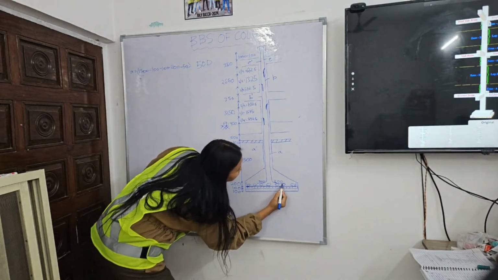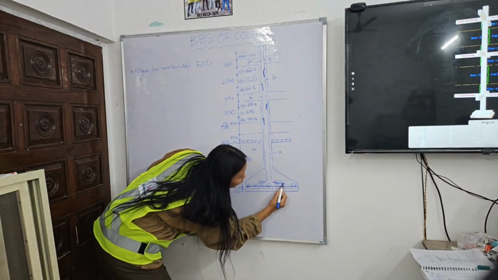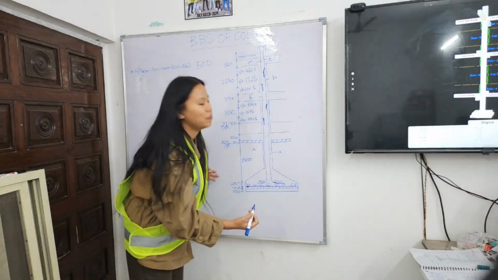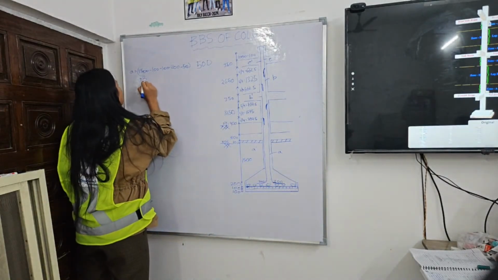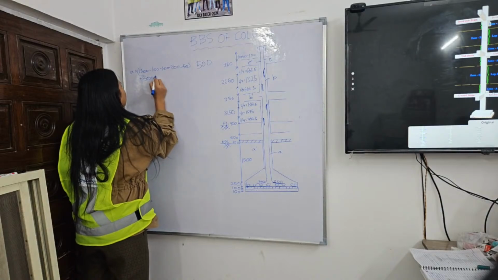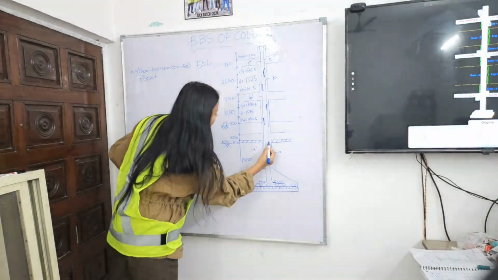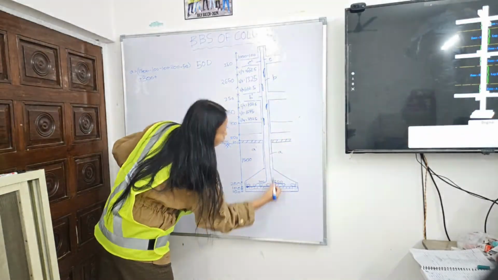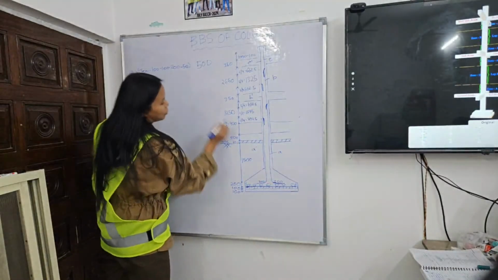From here, I am going to calculate A. So A, we have 300, that is standard value. Plus, from here till here, it is 1,500, no? So we've already deducted everything.